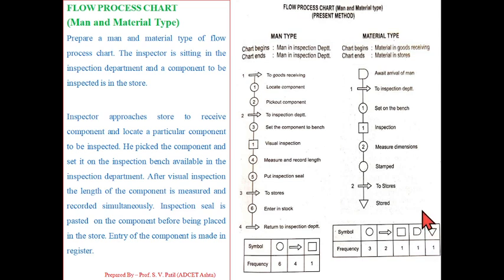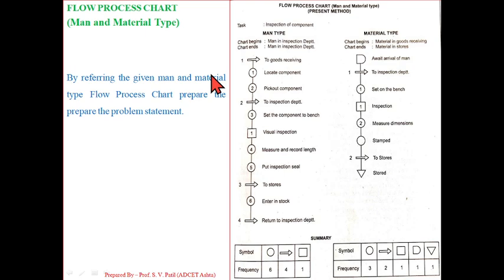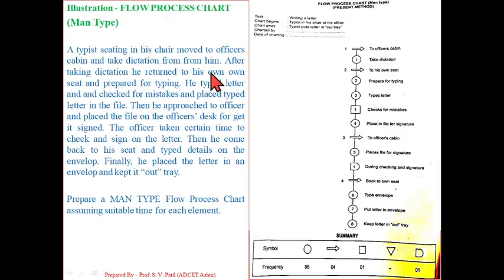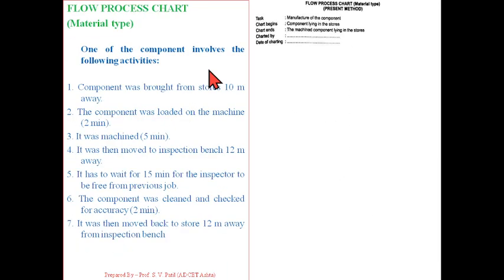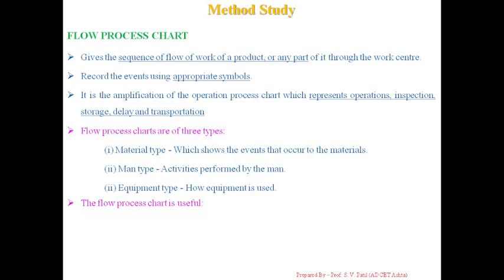So here we are supposed to prepare 2 different charts, one for the man, other for the material. So this is the flow process chart, which is the man and material type. Now we'll try to summarize what we have discussed in this lecture.